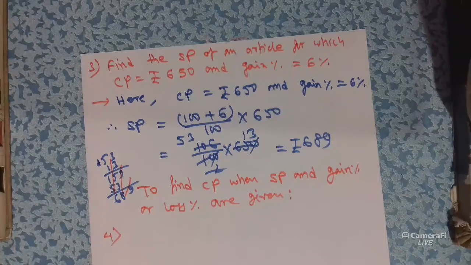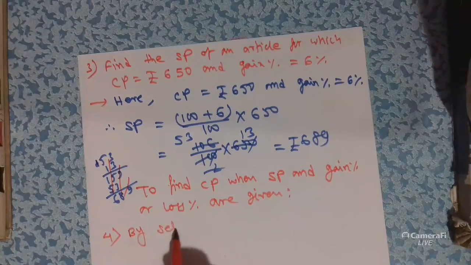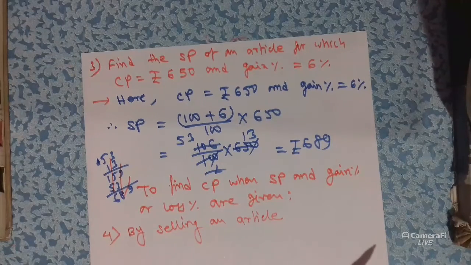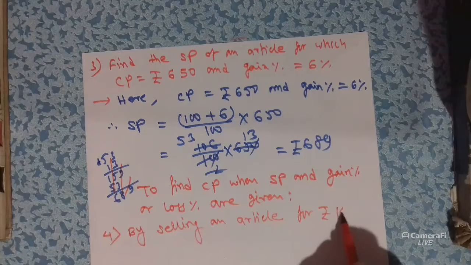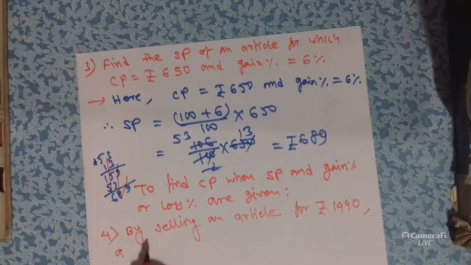By selling an article for rupees 1440, a trader gains 20%.